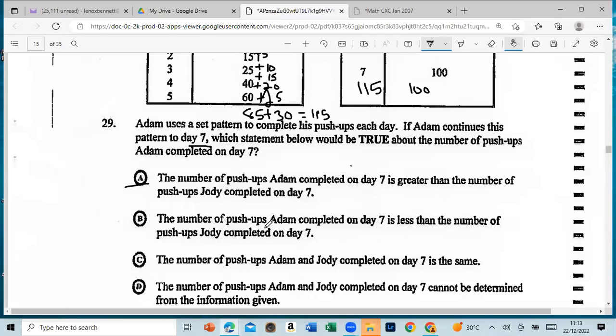The number of push-ups Adam completed on day 7 is less: no, that's not correct. The number completed by Adam and Jody is the same: no, 115 is not equal to 100. It cannot be determined from the information: yes, it can be determined. So it is A. Very good.